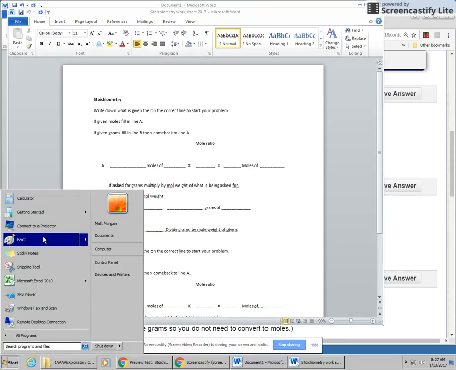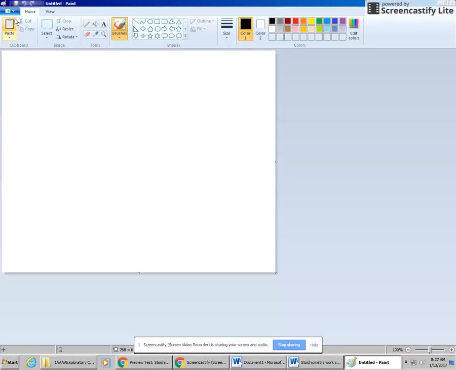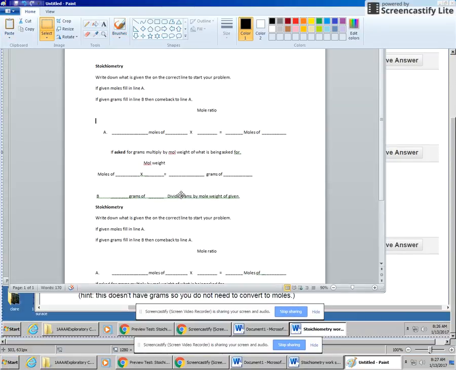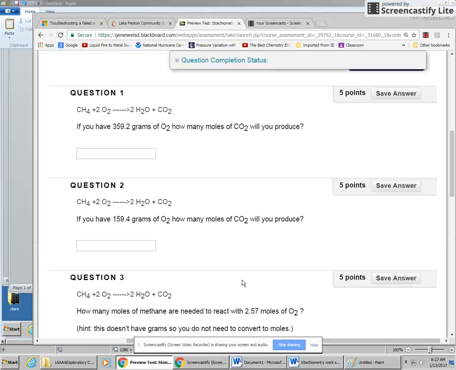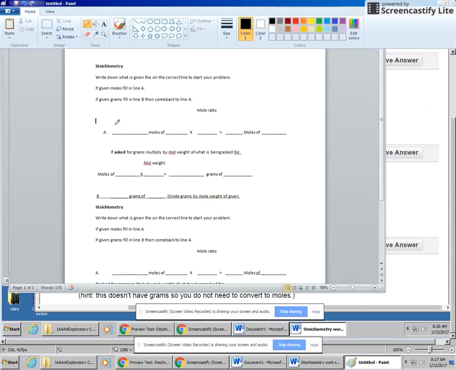So I'm going to go to Paint, paste that, and this will allow me to do this. So the first thing that I did is I want to write down what is given, which is 359.2 grams of O2. You have to write that down.